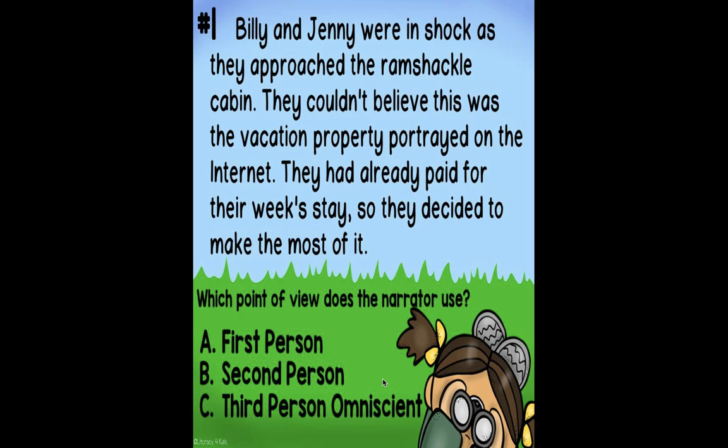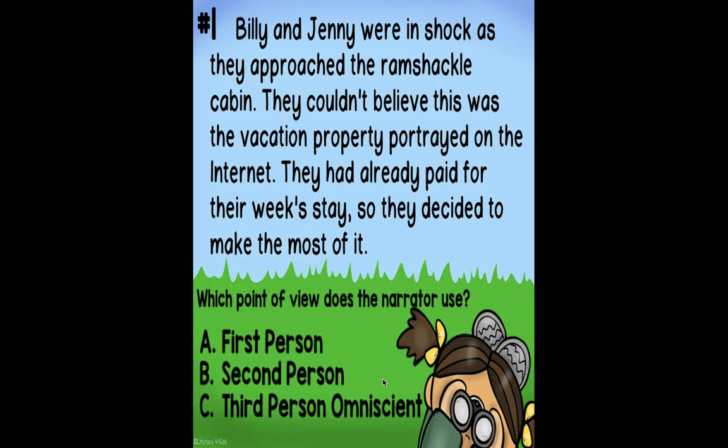So we have Billy and Jenny were in shock as they approached the ramshackle cabin. They couldn't believe this was the vacation property portrayed on the internet. They had already paid for their week's stay, so they decided to make the most of it. So, what point of view is this little story in?